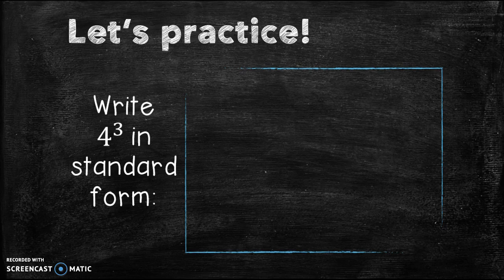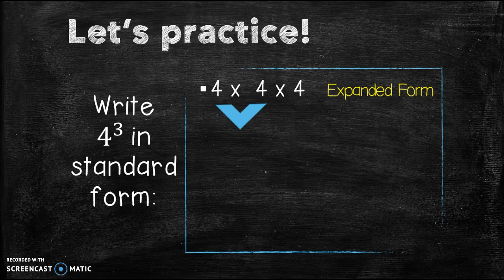Write 4 to the 3rd in standard form. Well, the first thing we're going to have to do is write it in expanded form. So we know it's going to be 4 times 4 times 4 because the base is 4, and we're doing it times itself 3 times. So now we have to do some math to get to the standard form. 4 times 4 is 16.